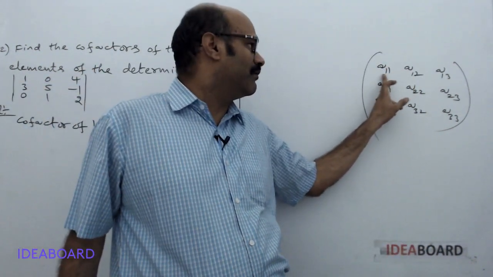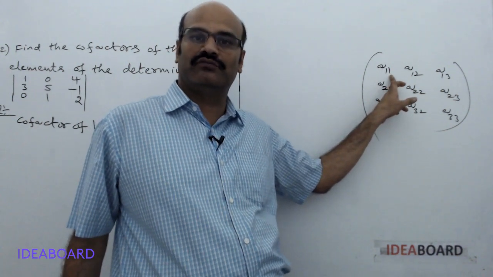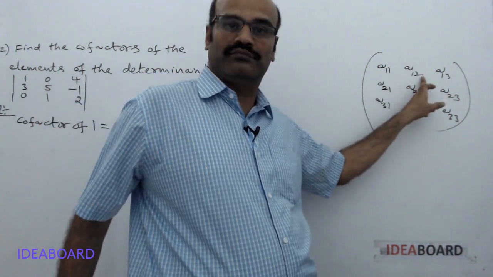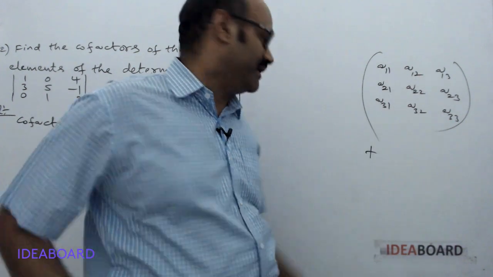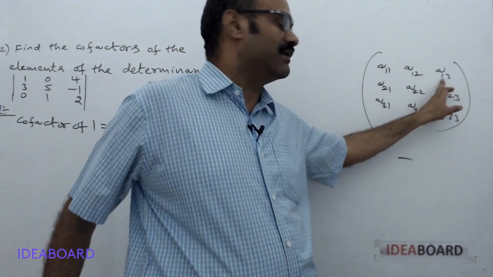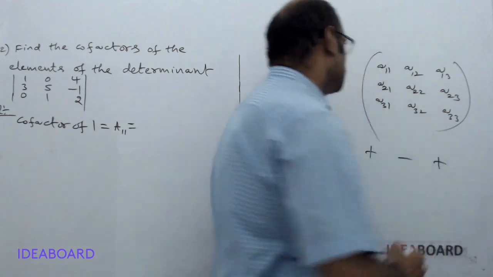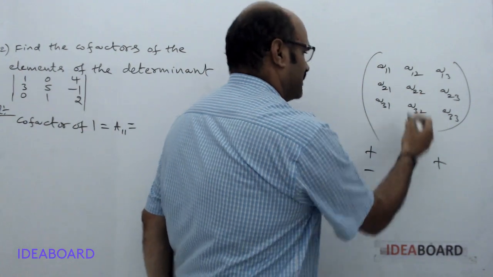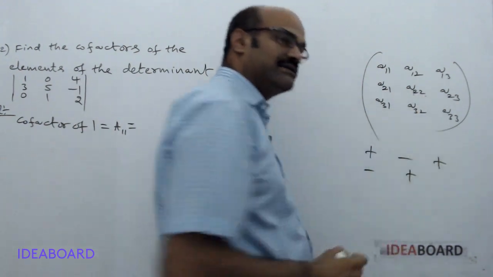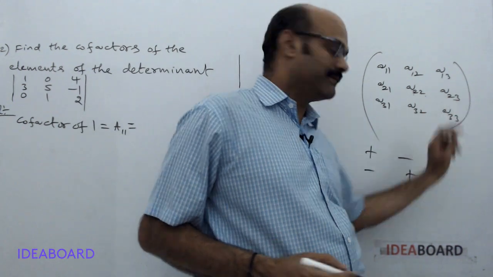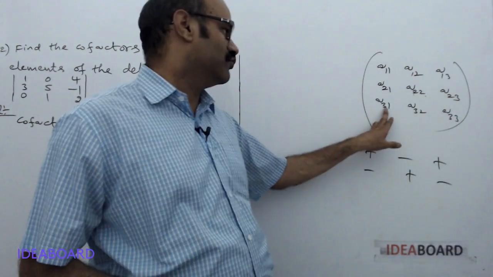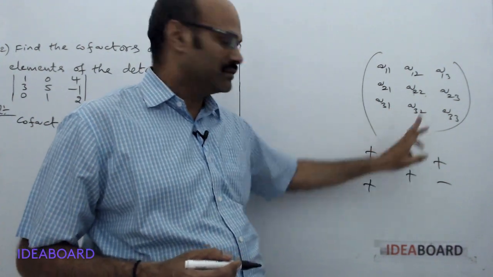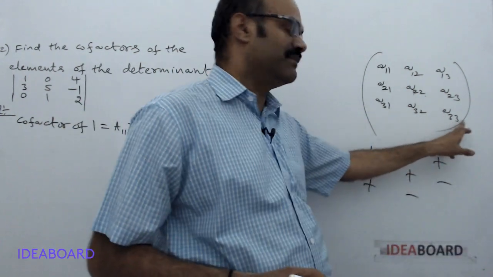For the first one we have minus 1 whole power 1 plus 1, then minus 1 whole power 1 plus 2, minus 1 whole power 1 plus 3, then minus 1 whole power 2 plus 1, minus 1 whole power 2 plus 2, minus 1 whole power 2 plus 3, then minus 1 whole power 3 plus 1, minus 1 whole power 3 plus 2, minus 1 whole power 3 plus 3.